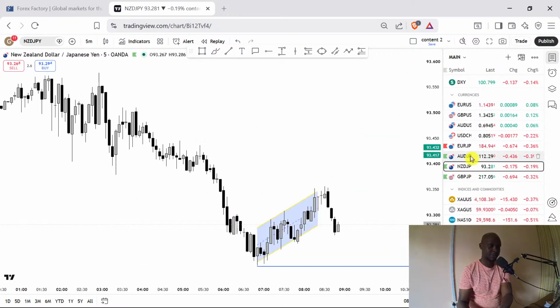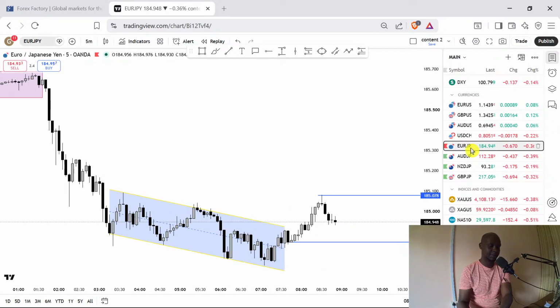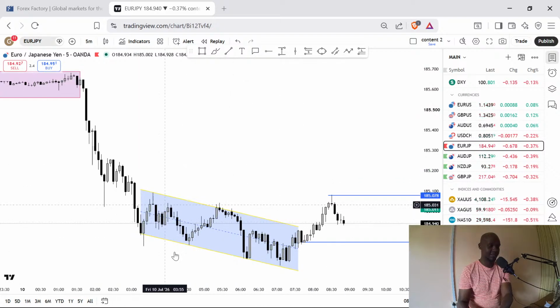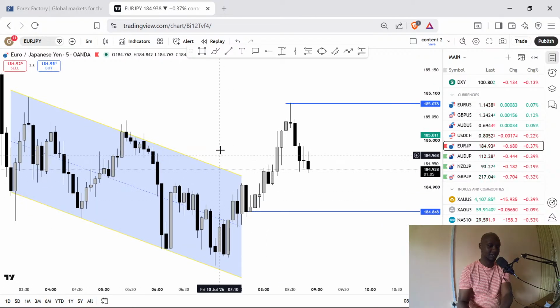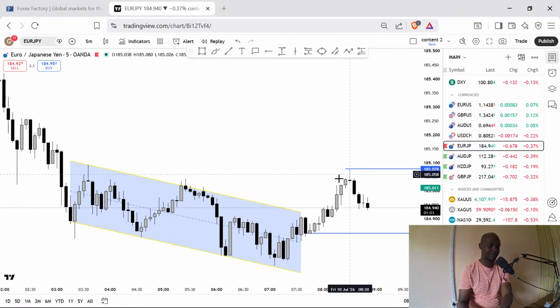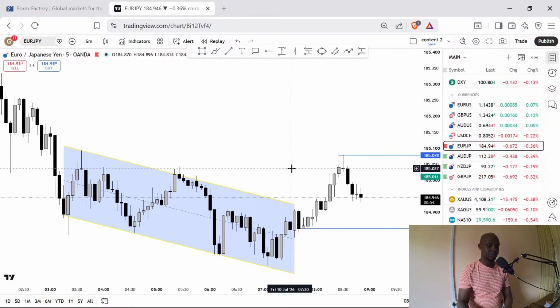With New Zealand JPY, I've already talked about it, and even AUD JPY. Euro USD, you can see we had this push coming outside of the descending nature, but it was not that strong. It did not have a lot of strength in these candles. There isn't really any difference between these candles and the candles in this channel, so there's no imbalance for me to start looking for longs.